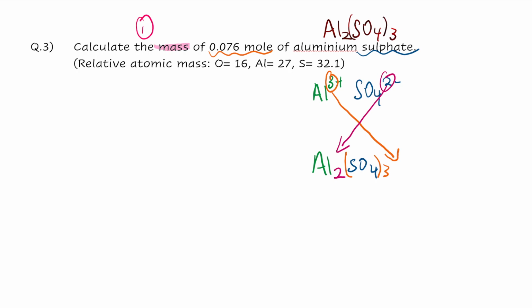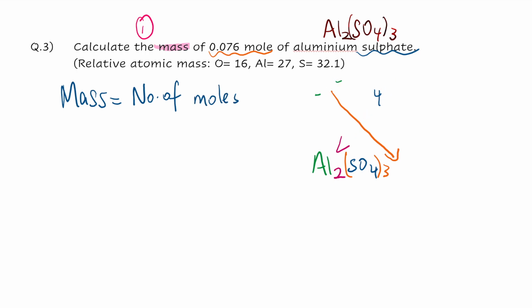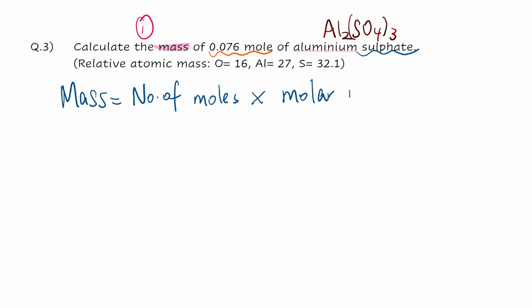Okay, now let's try and find the mass. The mass, as I said, is equal to the number of moles times the molar mass. Now, the number of moles here is given to you.